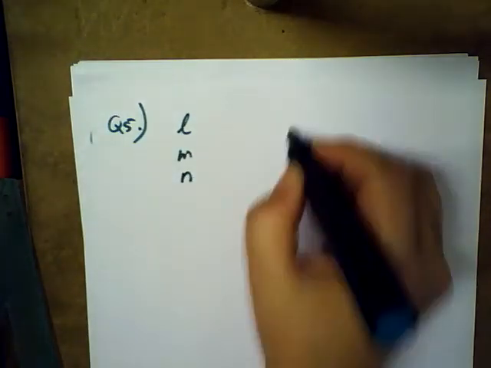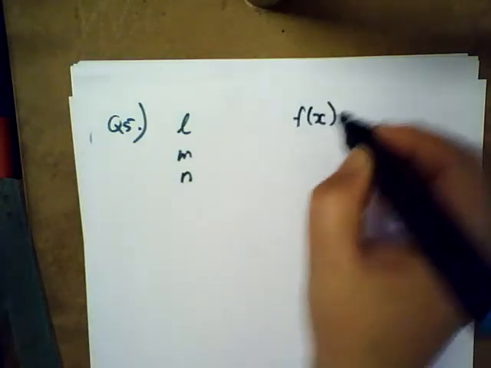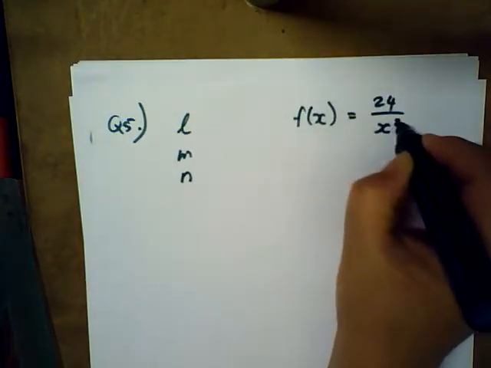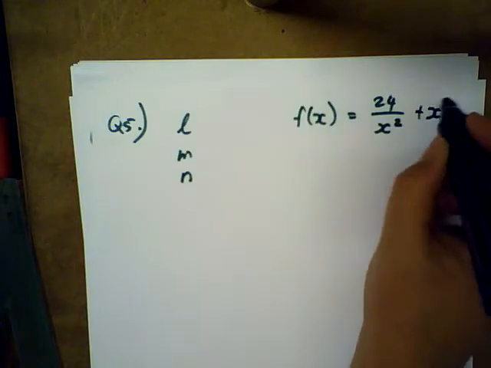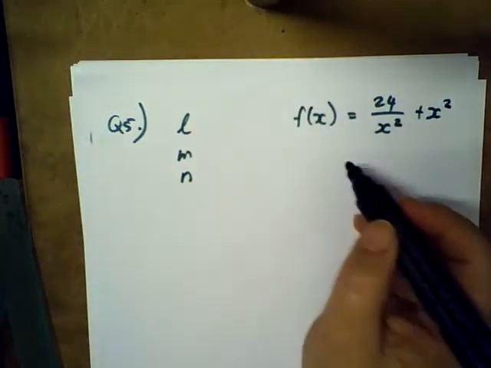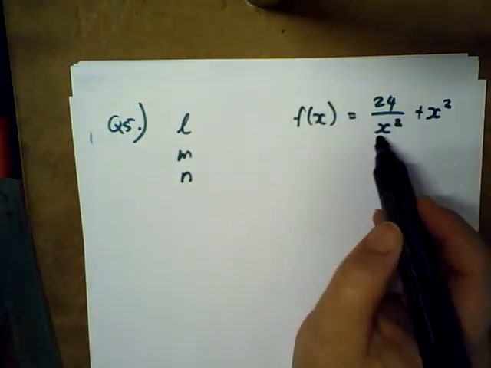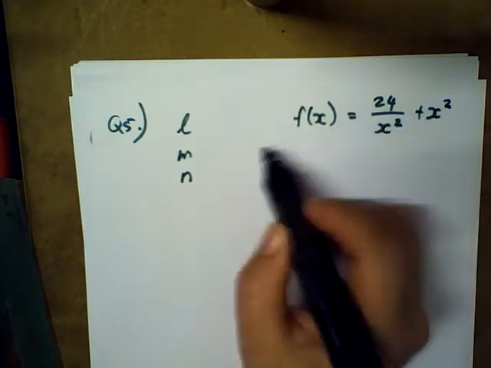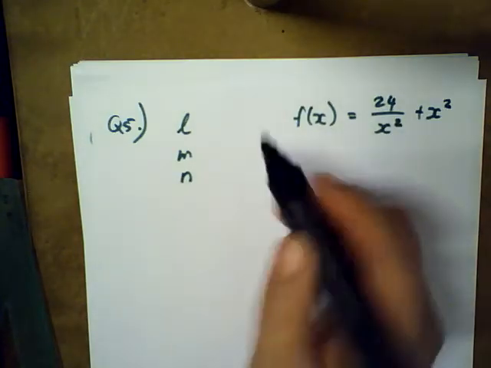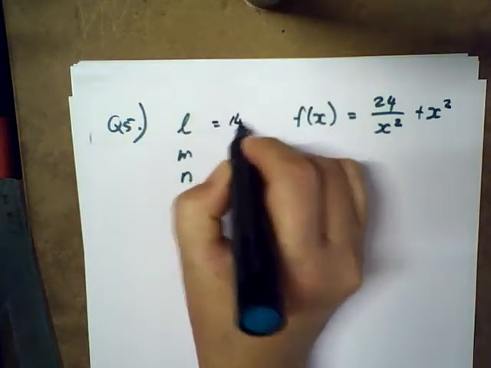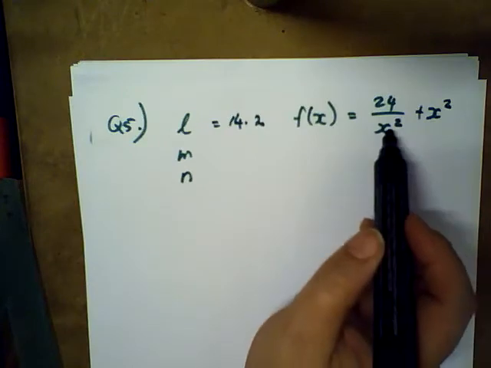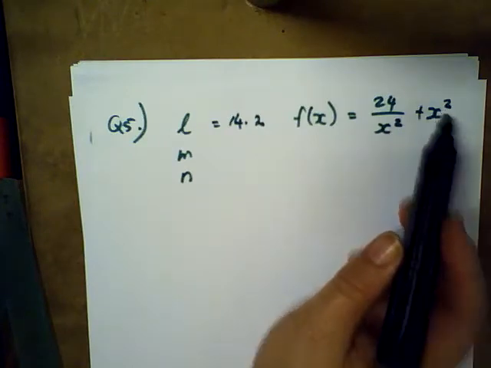We have a function f(x) that's equal to 24 over x squared plus x squared. And now we have to substitute the value of 3.5 in for the x to obtain L. If we do that, that would give us 14.2. M, we have to substitute the value of 4 in the place of x.